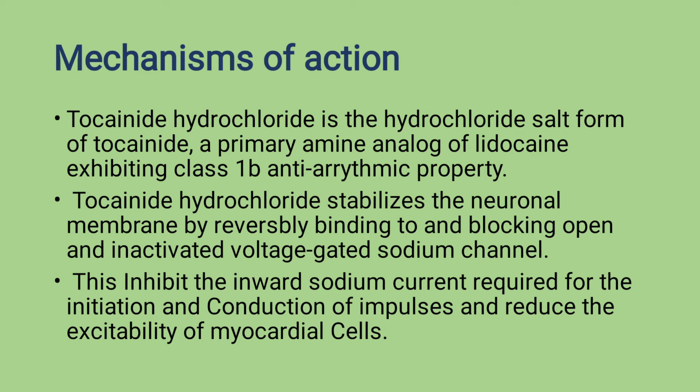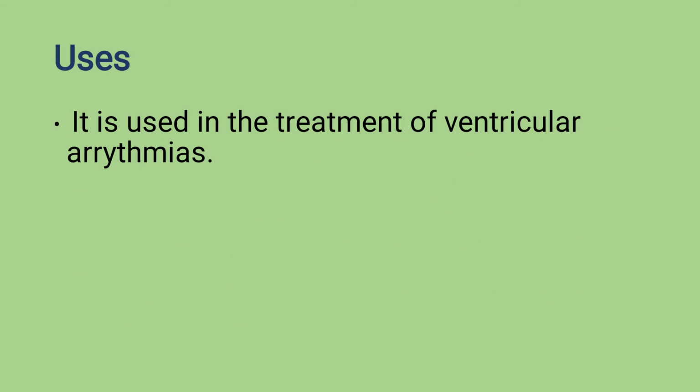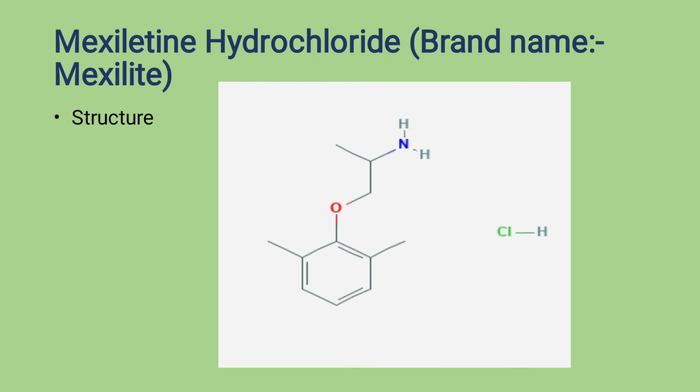Tocainide hydrochloride stabilizes the neuronal membrane by reversibly binding to and blocking open and inactivated voltage-gated sodium channels. This inhibits the inward sodium current required for the initiation and conduction of impulses and reduces the excitability of myocardial cells. Uses: it is used in the treatment of ventricular arrhythmias.